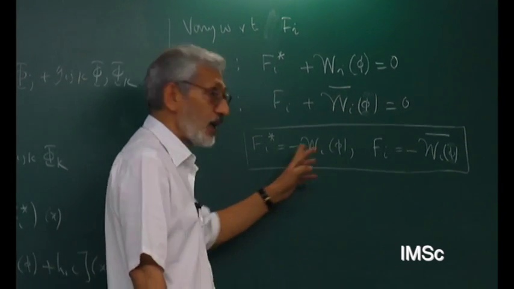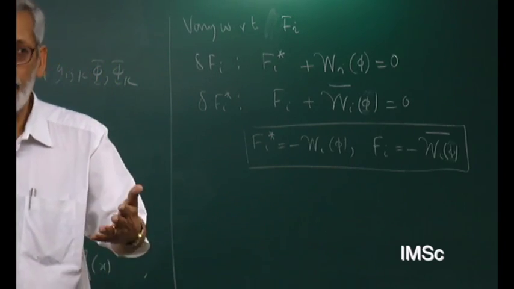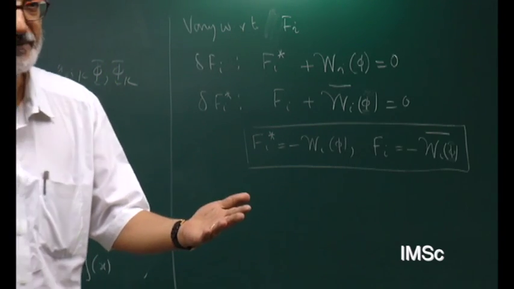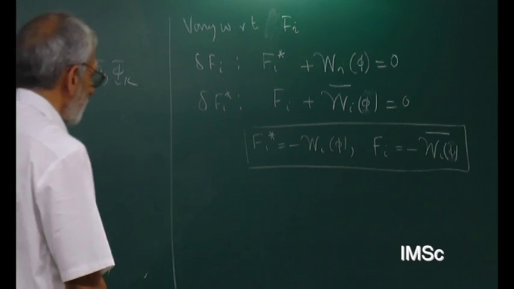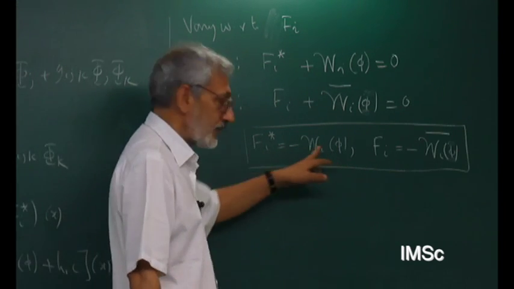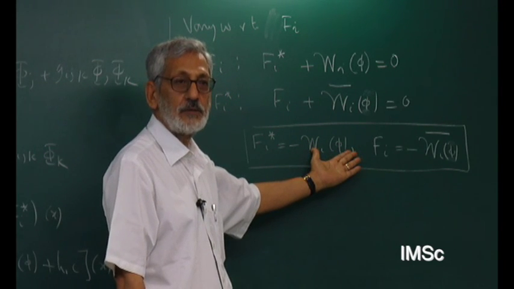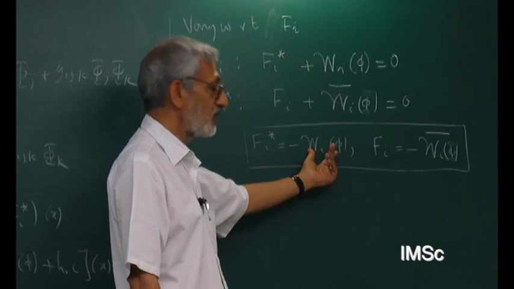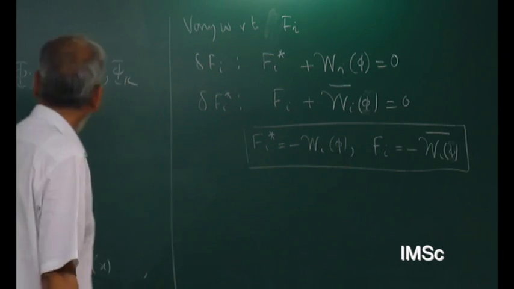And Euler-Lagrange equations give you dynamical equations for dynamical fields. For non-dynamical fields, they give you constraint equations. So this is what it tells us, that F is just some function of the other fields. And in this particular theory, it is a function defined by Wi phi, which is this.